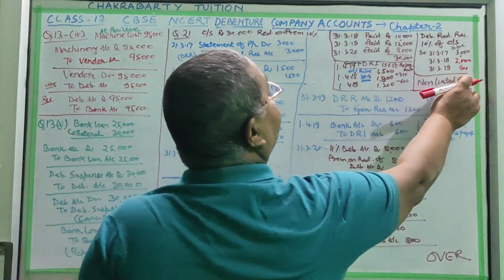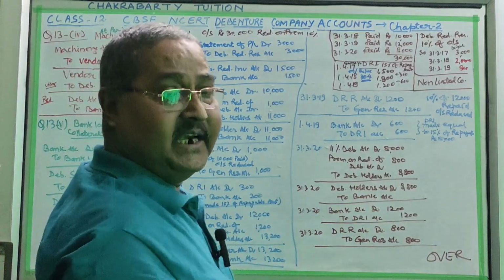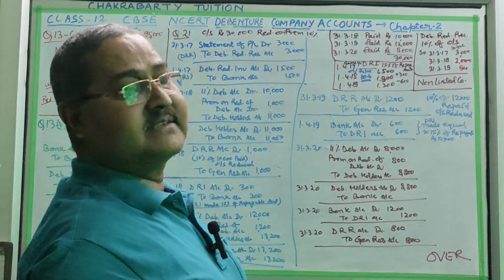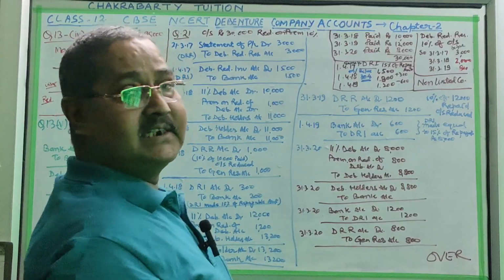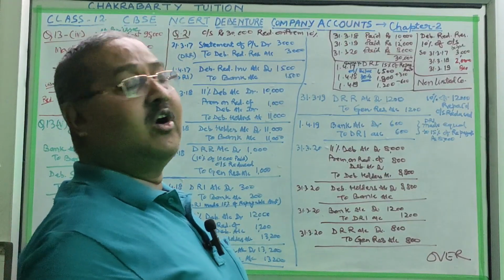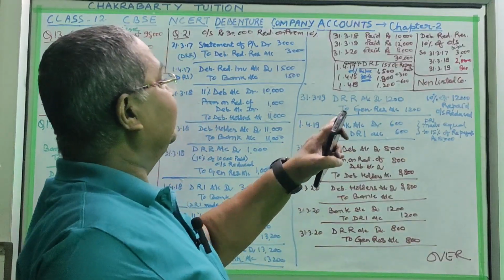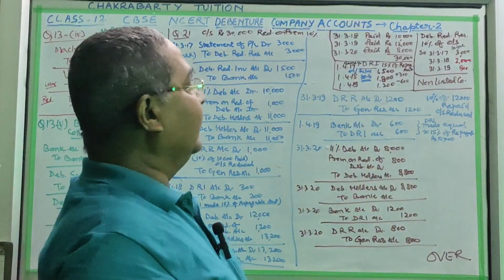This is the position of non-listed companies. In case of listed companies, banks, Reserve Bank, or housing finance companies registered with the housing bank, they are not required to make this redemption reserve. Only unlisted other companies are required.